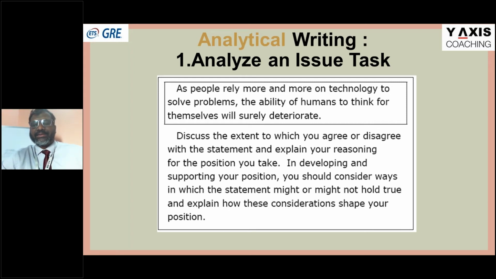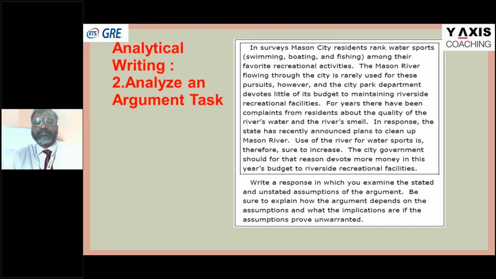While discussing those complex ideas, you're expected to take a position. Your view needs to be mentioned, and you need to defend it with reference to other possible views, with reasons and examples. That's why it is called an issue task. The issues are very relatable to all students, especially those applying for masters.